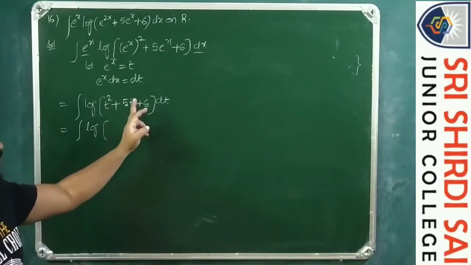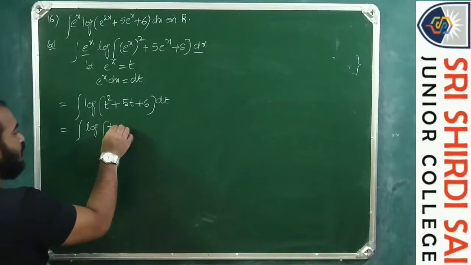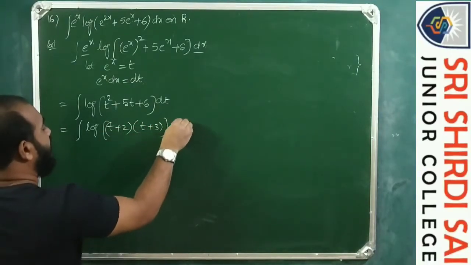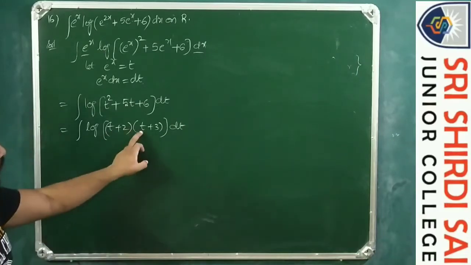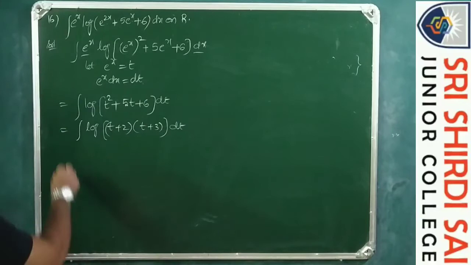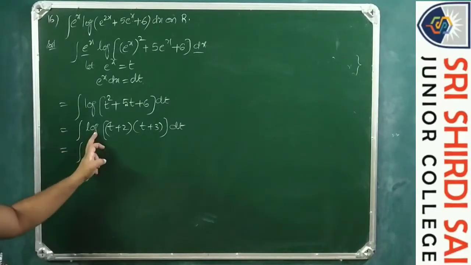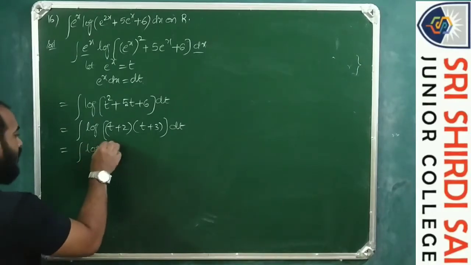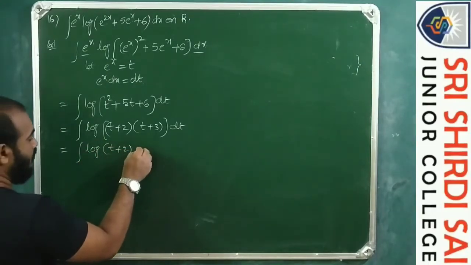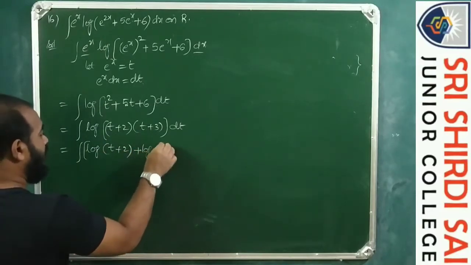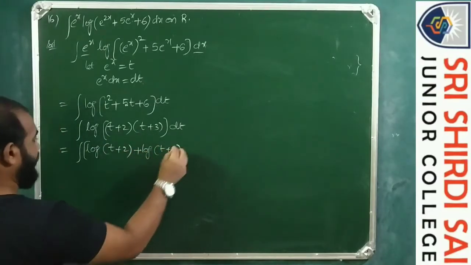So the factors for which are (t plus 2) into (t plus 3) dt. So t square plus 3t plus 2t is 5t, 2 into 3 is the 6. So we know that log a plus log b is log ab. So log (t plus 2) plus log (t plus 3) dt.